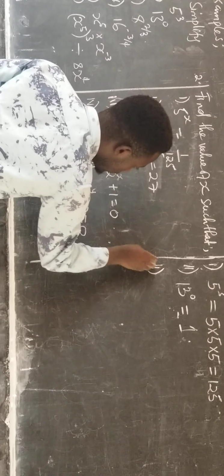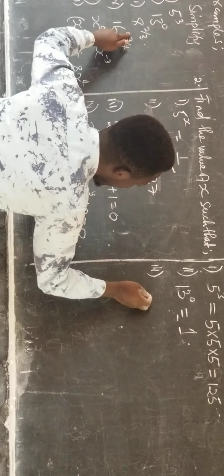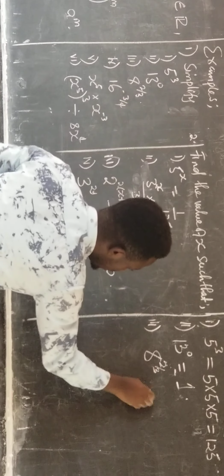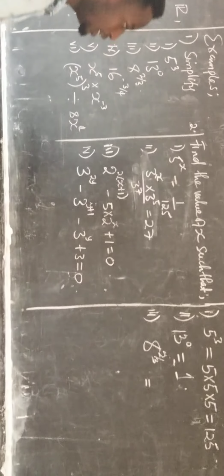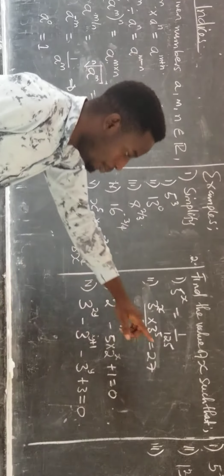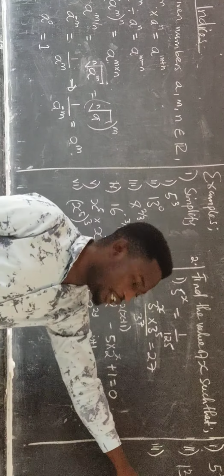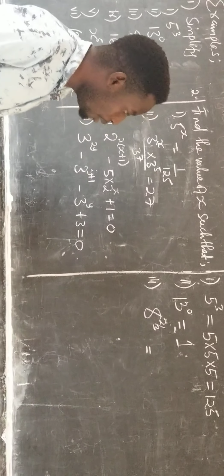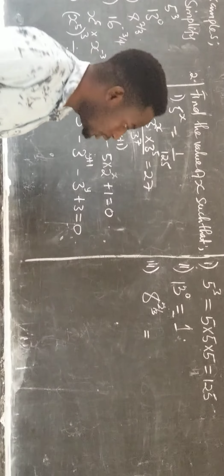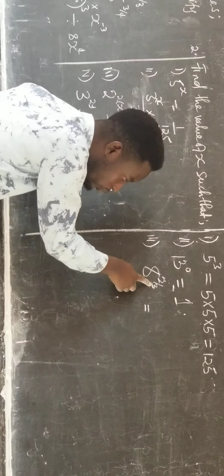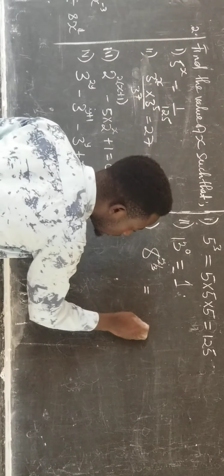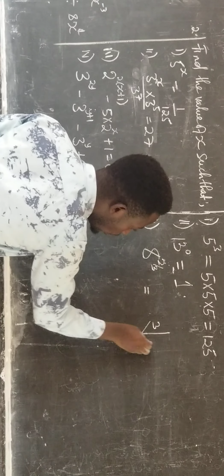Then our third question is 8 power 2 out of 3. Remember, if you have a power which is a fraction, the denominator becomes the root and the numerator remains the power. So this is the cube root of 8 power 2.